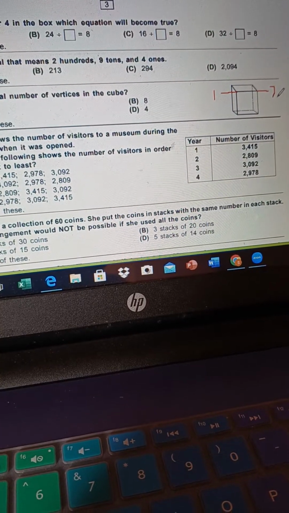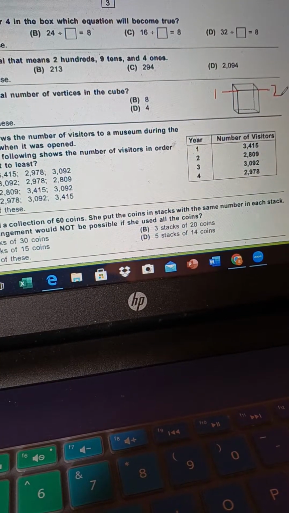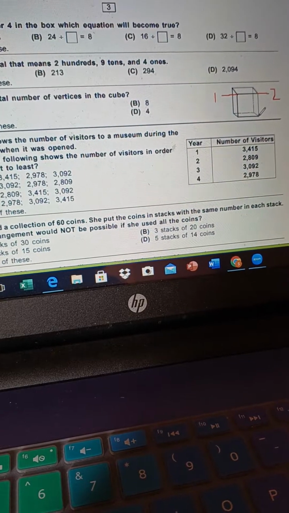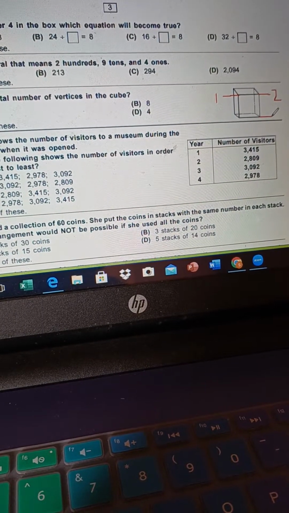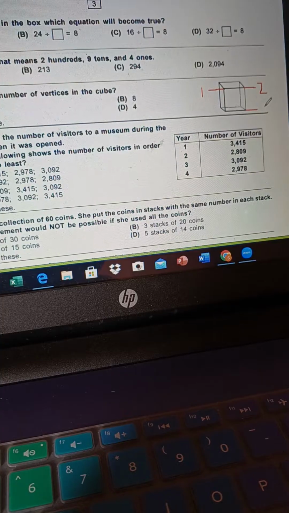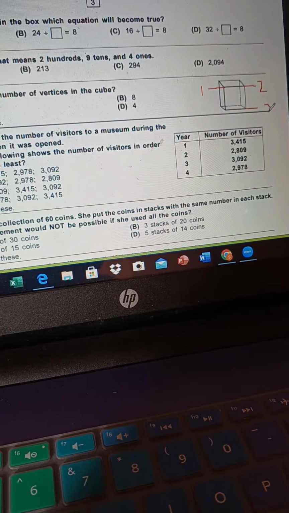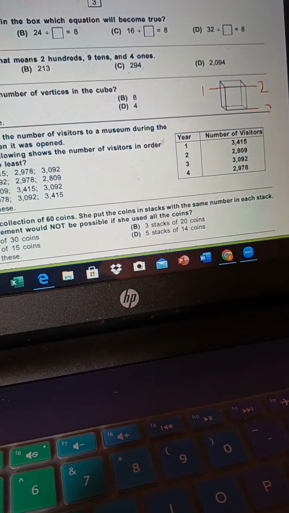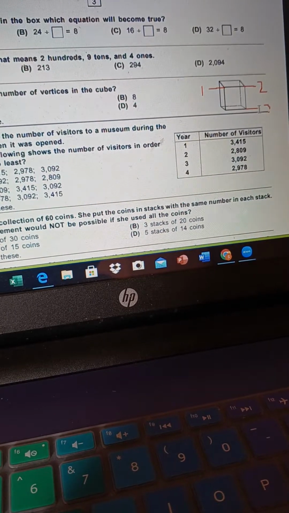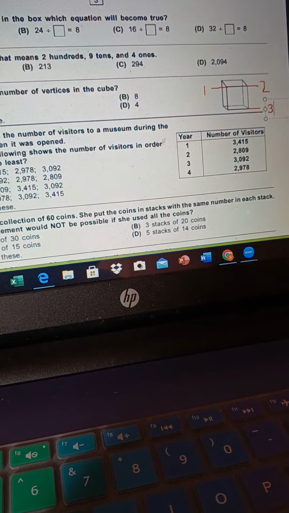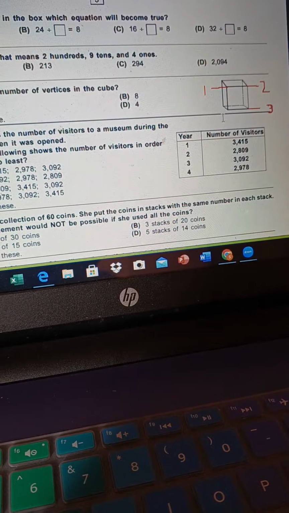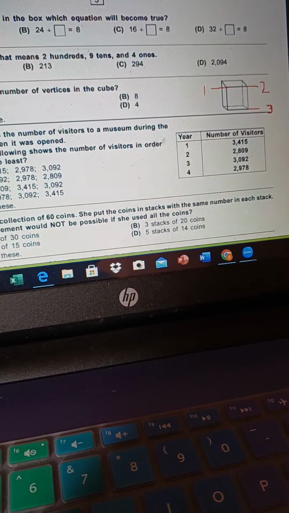This is the easiest process that I am showing. You can also name the corners and then you can find out the answer. This one is equal to C or 3. Just a second.